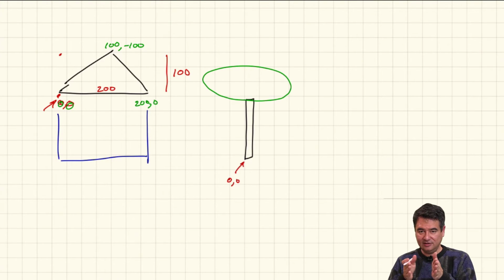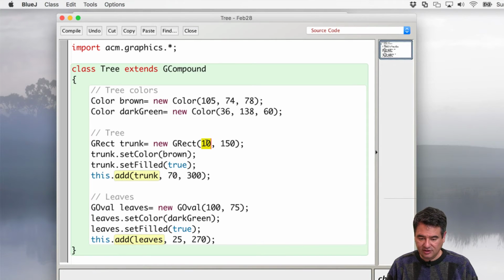And so that way the tree kind of grows out of the 0, 0 point. Okay, so the trunk is 10 wide and 150 tall. So I want to add the trunk to, well, let's see.